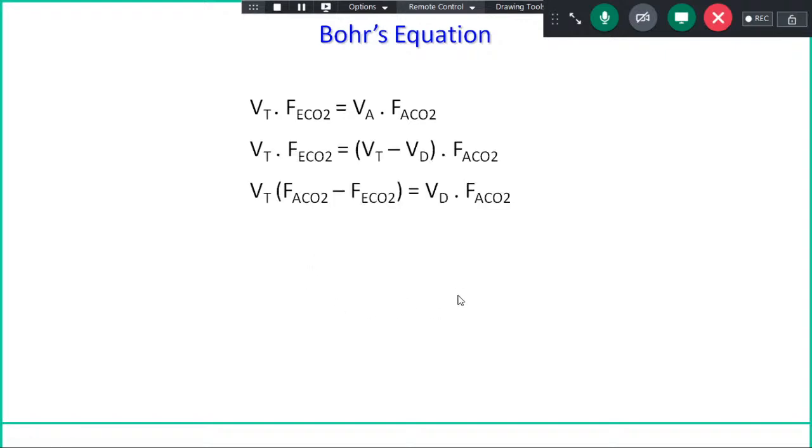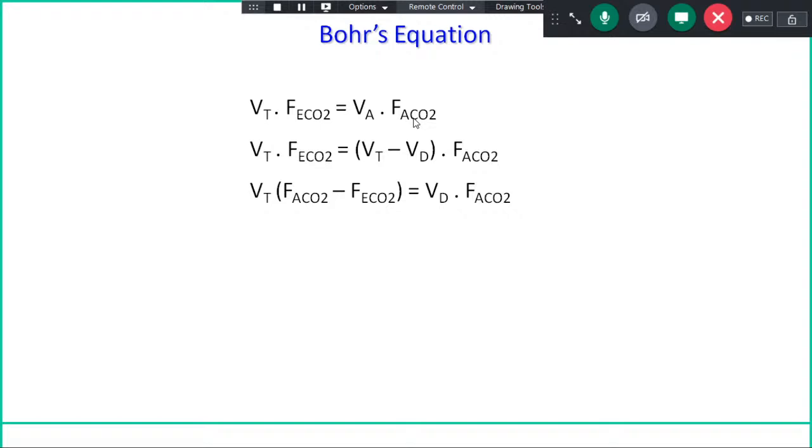So how did we come to the equation which was written in the last slide? The total amount of expired CO2 coming from the tidal volume, that is, the whole expired CO2, is tidal volume multiplied by the fraction of expired CO2. It will be equal to alveolar volume and fraction of alveolar CO2.